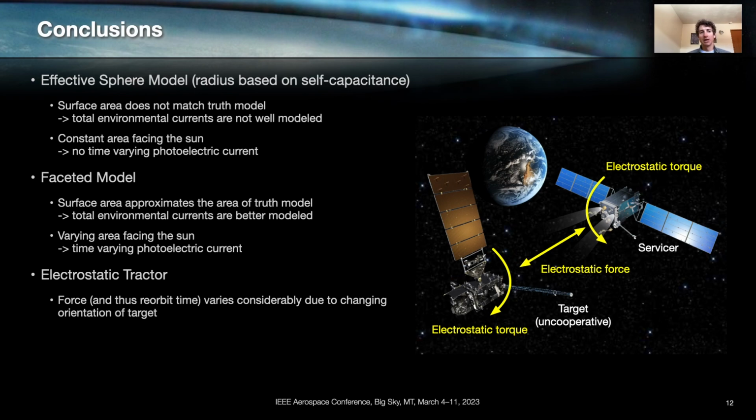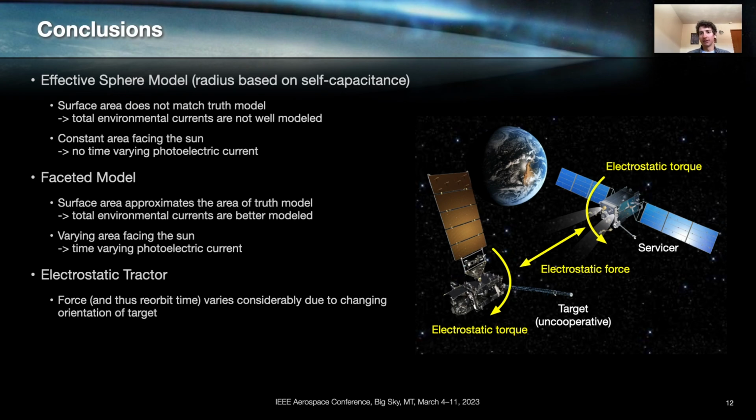So in conclusion, the effective sphere model to compute currents, where we use a spherical assumption, might not match the truth model well in terms of total surface area. In addition, the area of the spacecraft that is facing the sun is constant throughout all times or orientations.